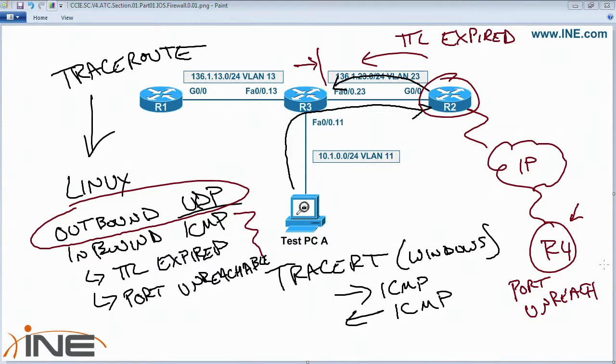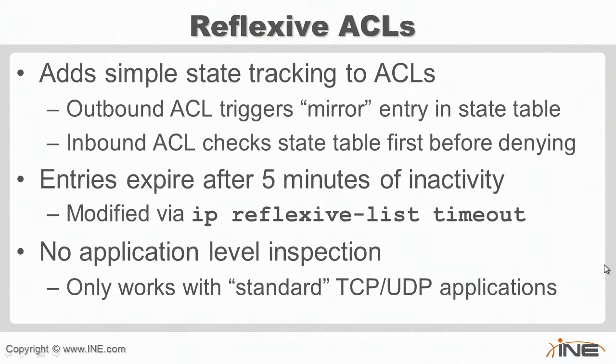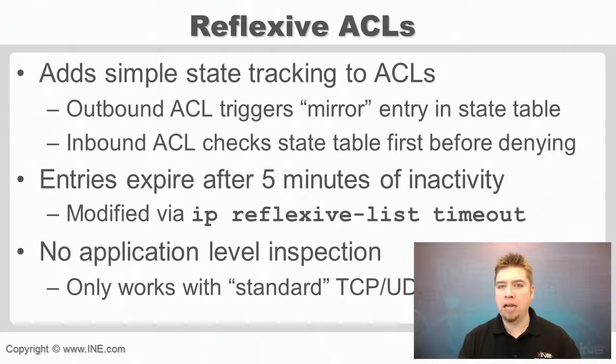So again, this is one of the main reasons why the reflexive access list is considered kind of a legacy feature, in that it doesn't have any application intelligence to say when the flow goes out and returns, should I close the hole in the firewall or just leave it open for a certain period of time? And additionally, it has no application level inspections.